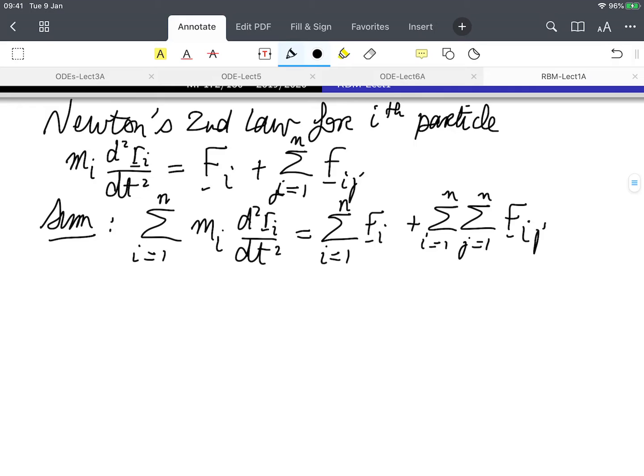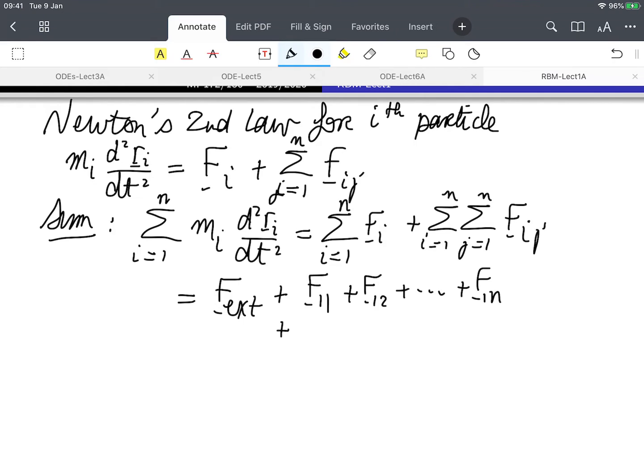But let's just take a second. The first term, the sum of all the external forces, we're going to call this F external, the total external force. And the second term, that double sum, let's just expand it. So I'm going to take i is 1, and then I'm going to sum all the j's. F11 plus F12 plus blah, blah, blah, all the way to F1n.